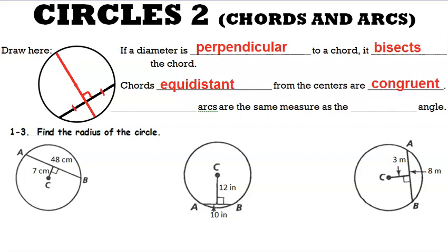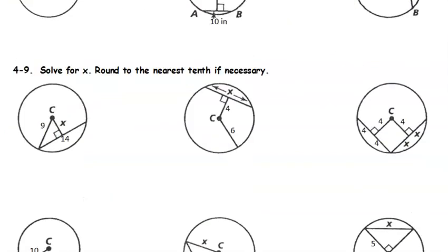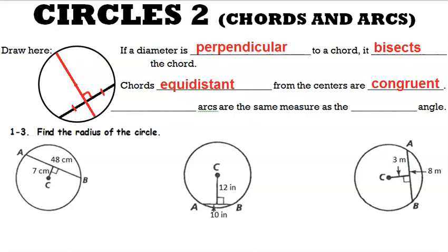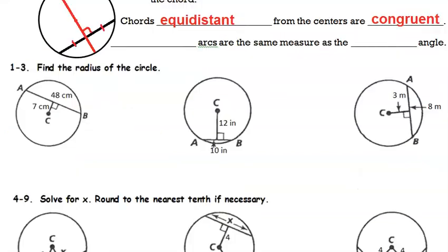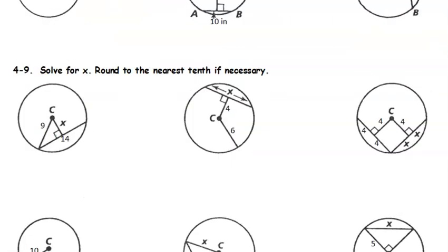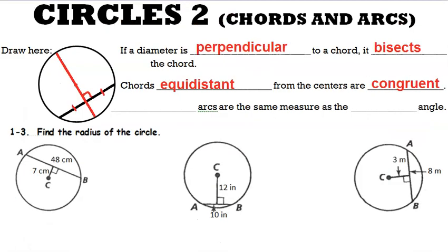So there's an example later on as you go through, I believe it's number 6 here, where you have two chords that are marked the same distance here from the center, as in right here. And again, we'll get to this problem in a second. This is sort of where common sense comes in. If it looks like it's going to be bisecting, it probably is. If it looks like it's going to be congruent, it probably is.